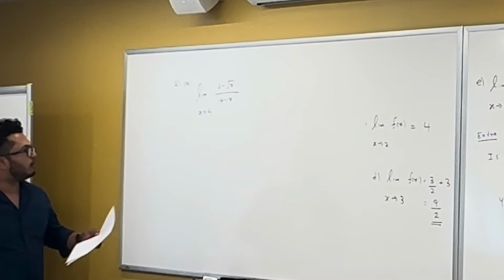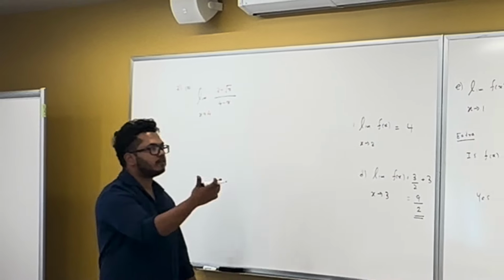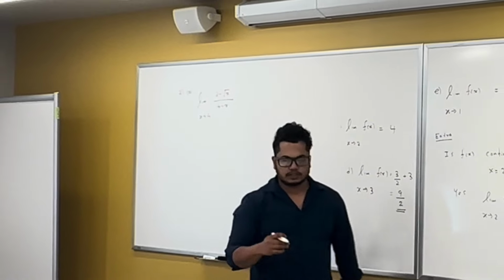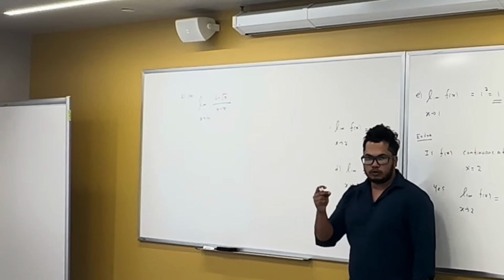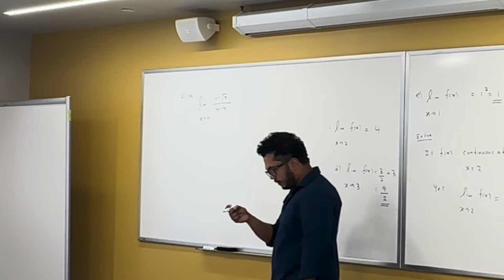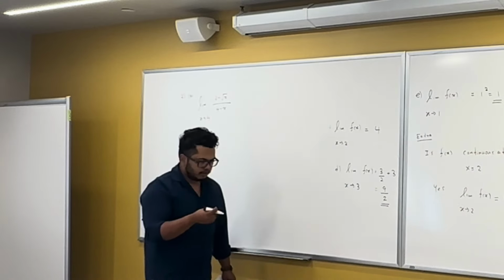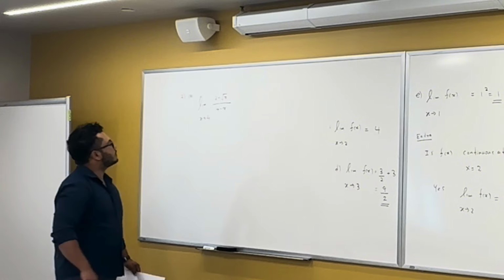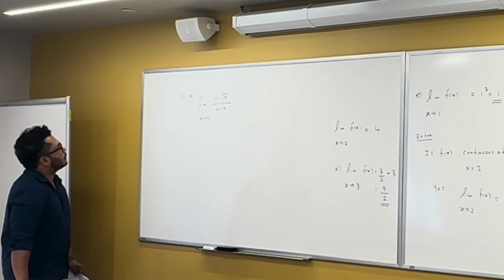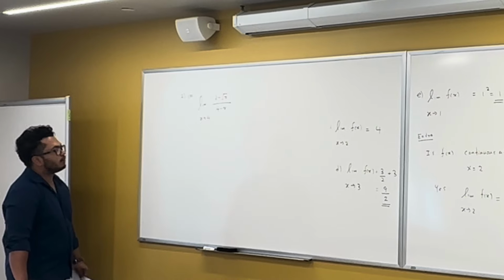This is a little tricky. Previously in the first question I could plug the value in for x and get the answer, without any indeterminate forms.